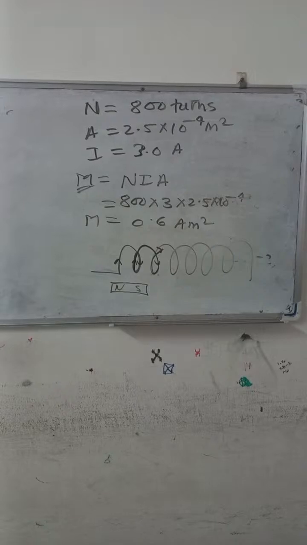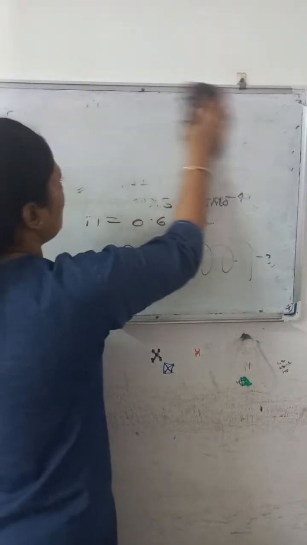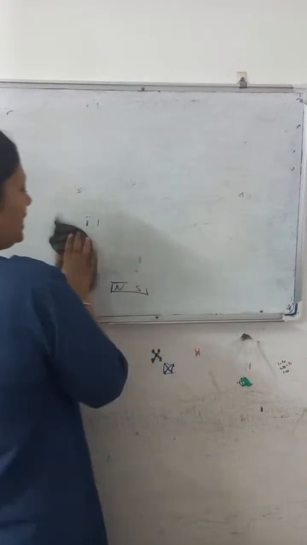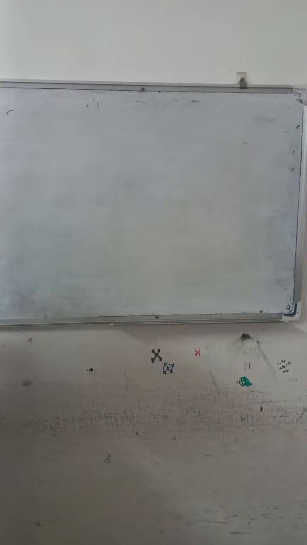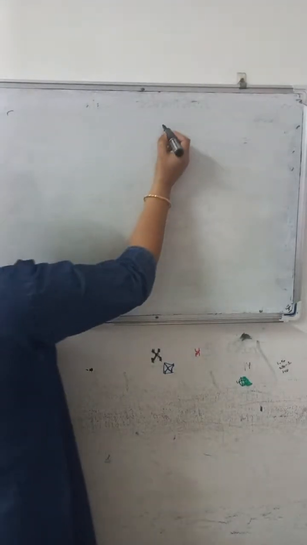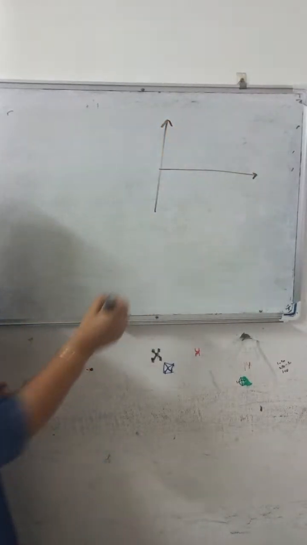I will draw the graphs and I will give you some time to identify the materials. Okay, so how can you think to find out these magnetic materials? This graph-based question comes most of the times. So this is the graph given. This is the y axis, this is the x axis.